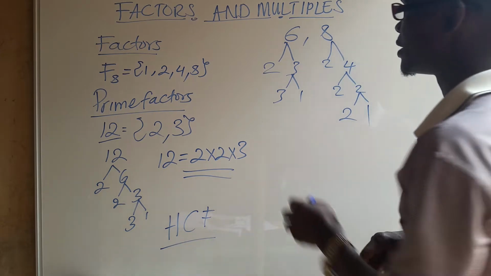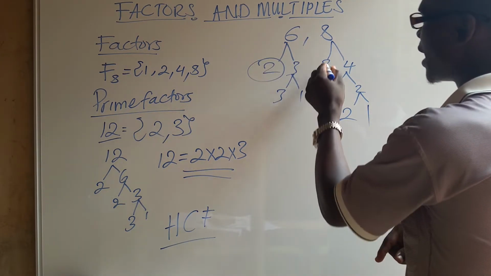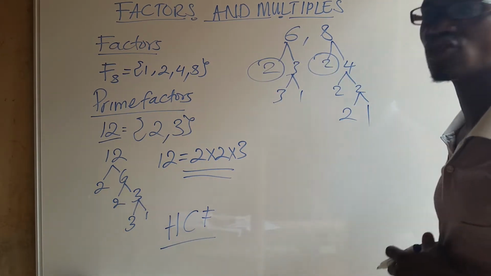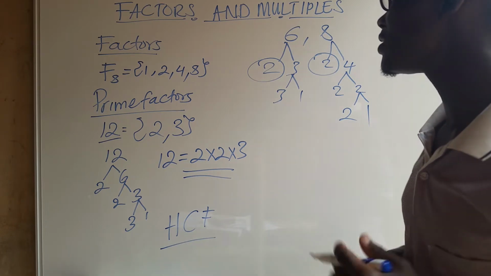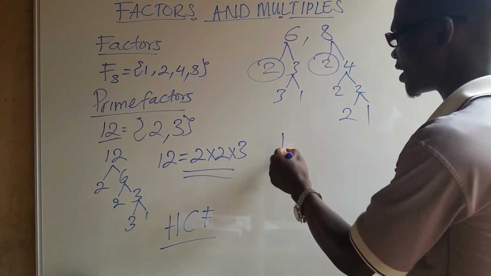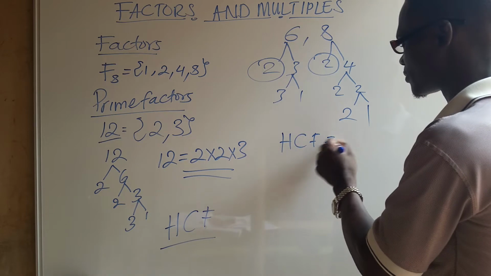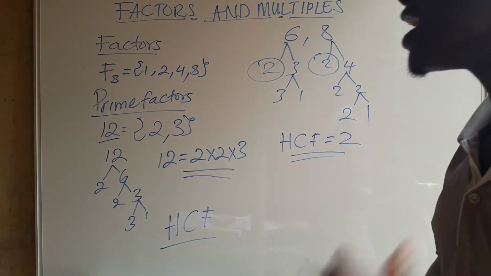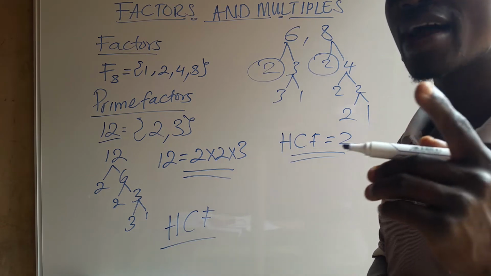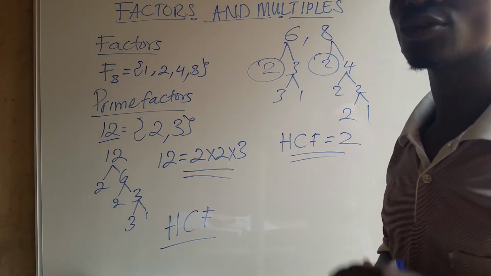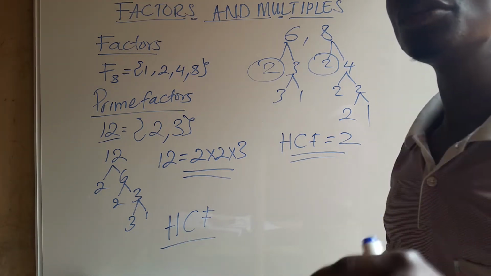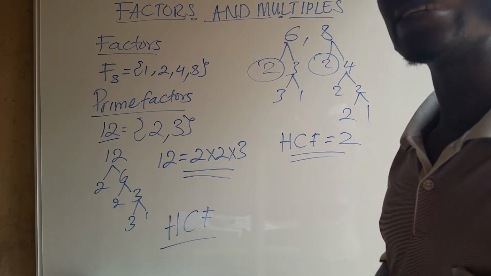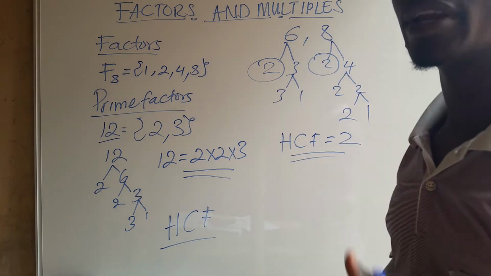Therefore, the common factor is 2. And since it is the only one, it becomes the HCF. Sometimes we have numbers with more than 1 common factor. So for such numbers, choose the highest or largest common factor.